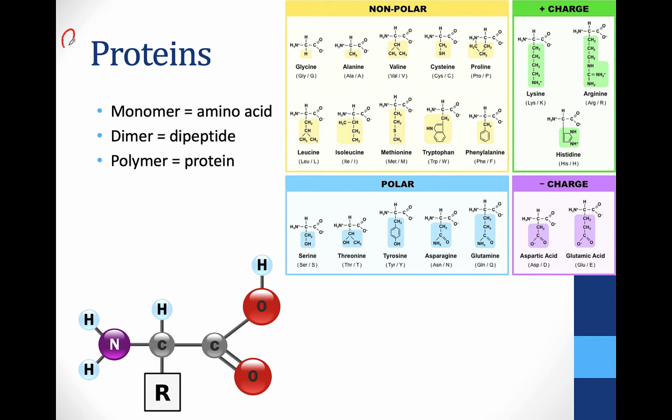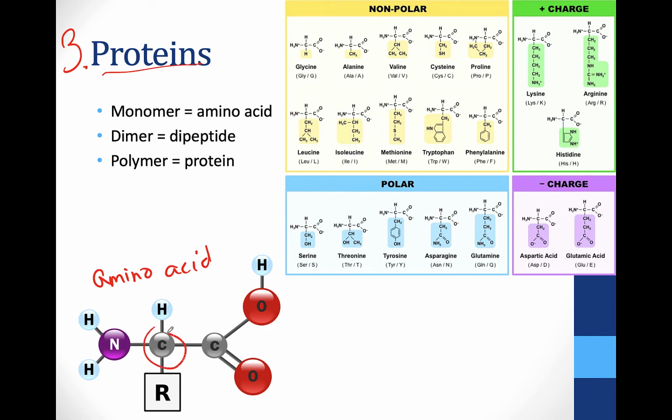The third big group of macromolecules is proteins. So back to our monomer, dimer, polymer naming scheme. A single monomer of a protein is called an amino acid. This right down here is one amino acid. An amino acid has the same structure, and I don't need you to memorize the structure, but you should be able to recognize it.